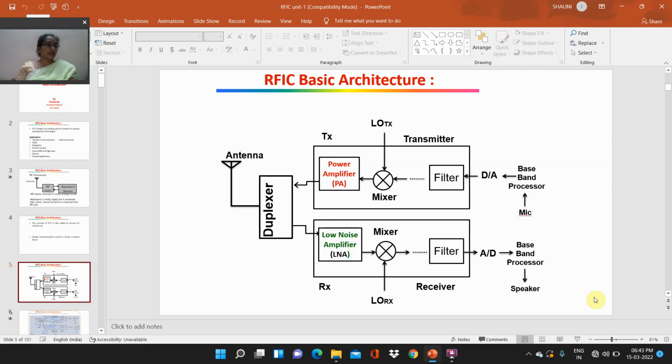That means the high frequency signal is converted into a low frequency signal, and that signal is allowed to the filter. The analog signal is filtered, and the filtered signal is converted into a digital signal with the help of A to D converters, and sent to the baseband processor. In the baseband processor the signal is delivered to the receiver with the help of the speaker.